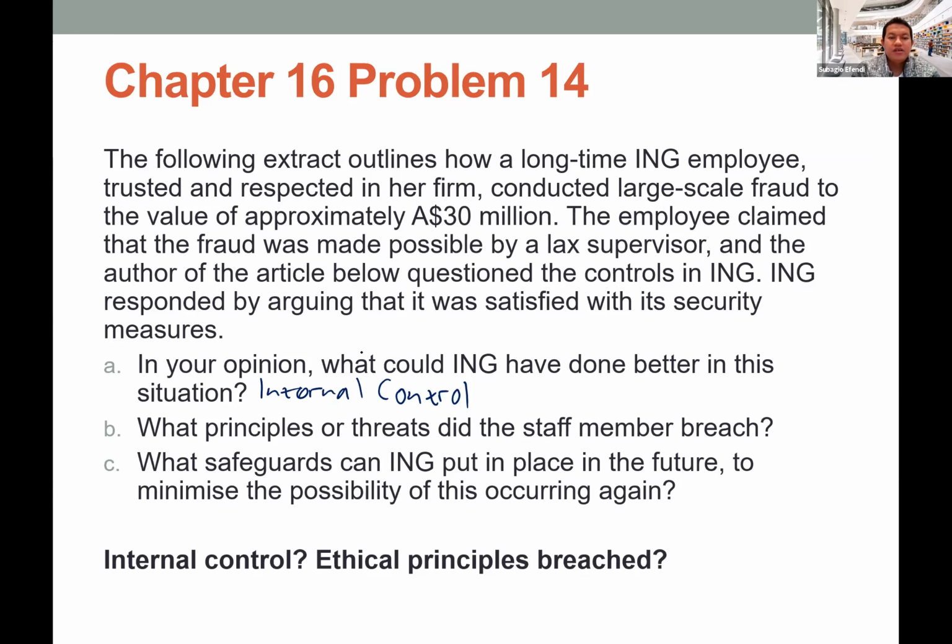I think you have learned this internal control in accounting A. Especially, we don't see sufficient supervision from the supervisors of this employee, so we have a lack of supervision.